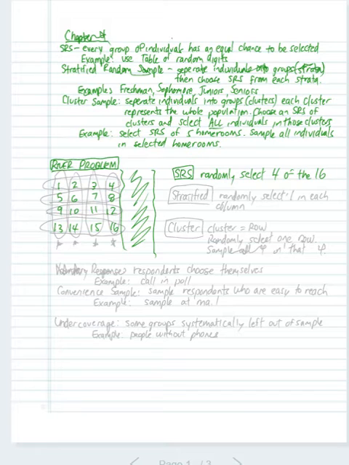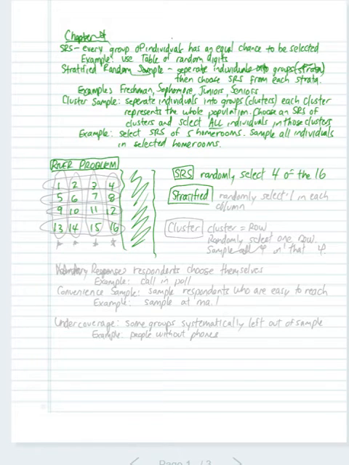Now the problem with that is that the 4 that get selected could be the 4 that are very close to the river, or the 4 that are far away from the river. So that may not be the best approach here. So what we then looked at was the idea of a stratified random sample. And first we had to decide how we were going to stratify it, by row or by column.